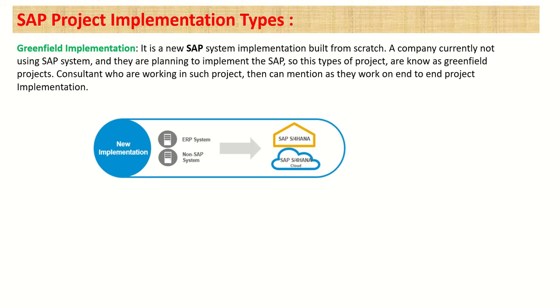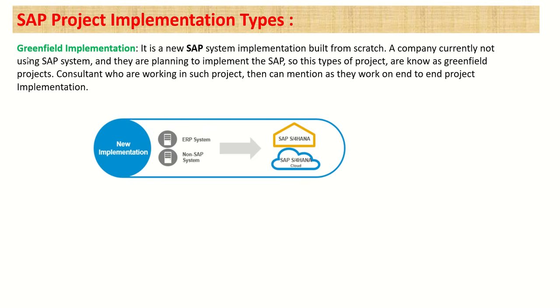So first is the implementation project, and that is a greenfield implementation. A greenfield implementation means a company currently is not using an SAP system. They might be using some other ERP, a non-SAP system, and they want to implement the SAP system. So this is called a fresh implementation.